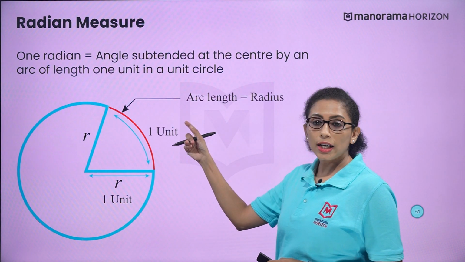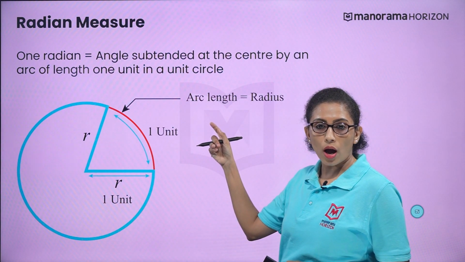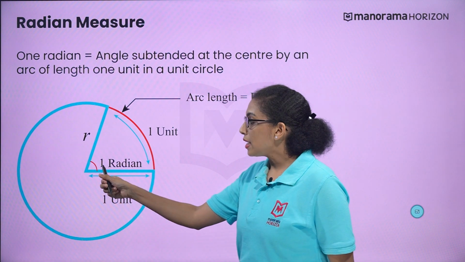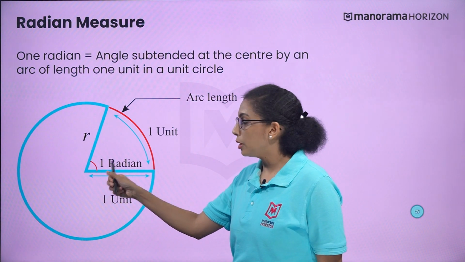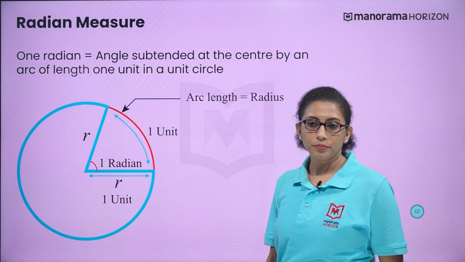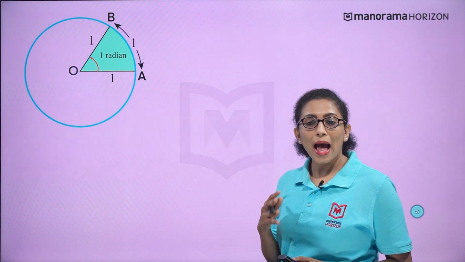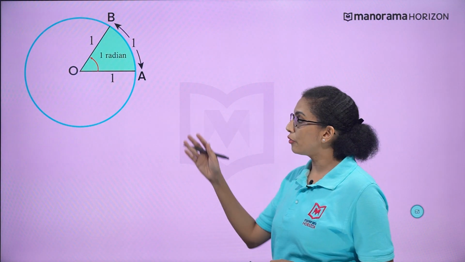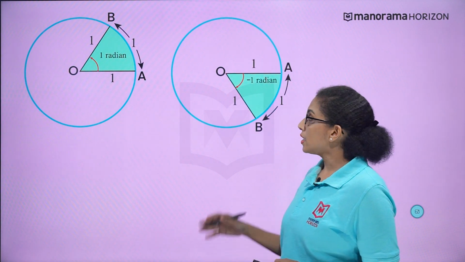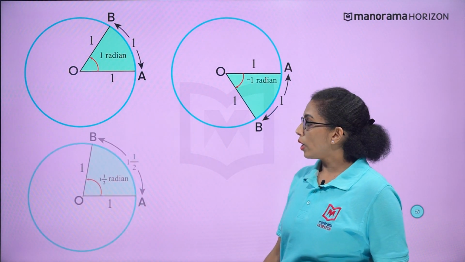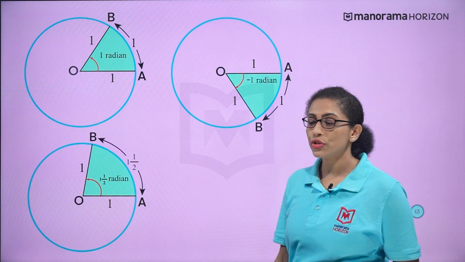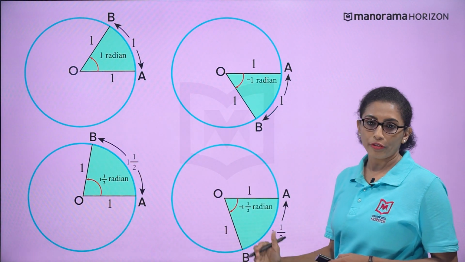Then the arc length of 1 unit is also marked, and the angle subtended at the center will be 1 radian. Let's see some angles whose measures are 1 radian, minus 1 radian, 1.5 radians and minus 1.5 radians.